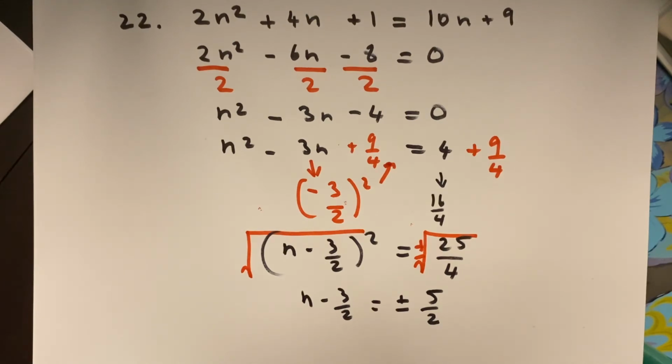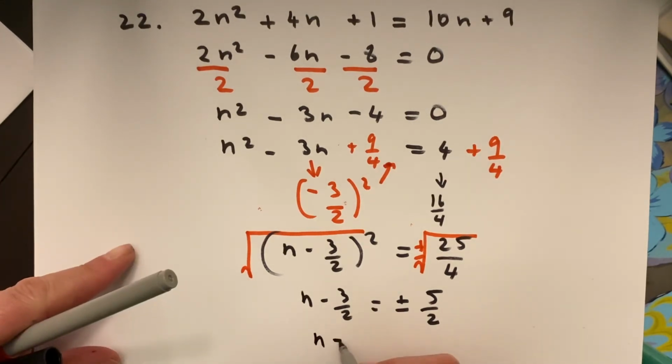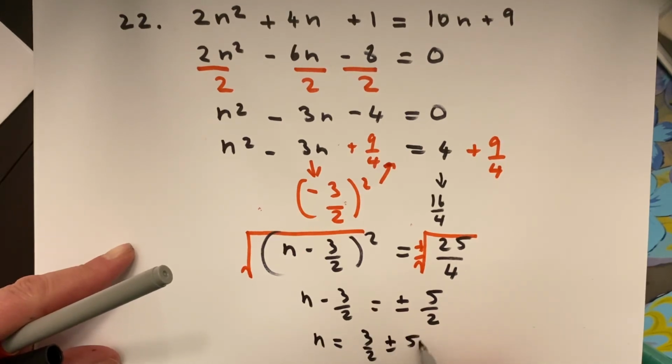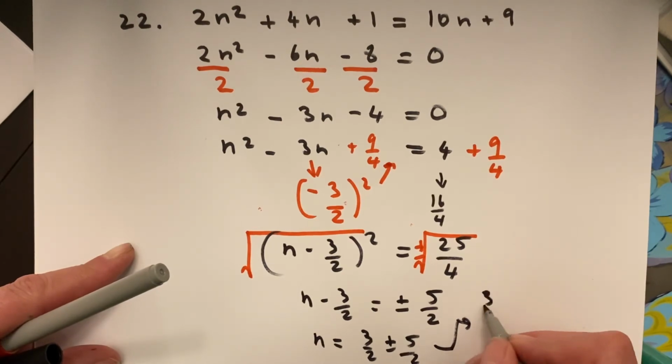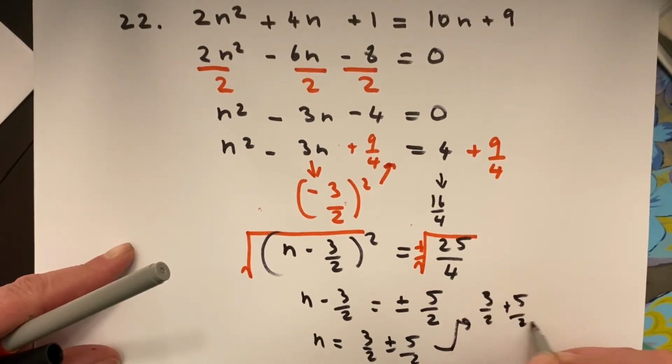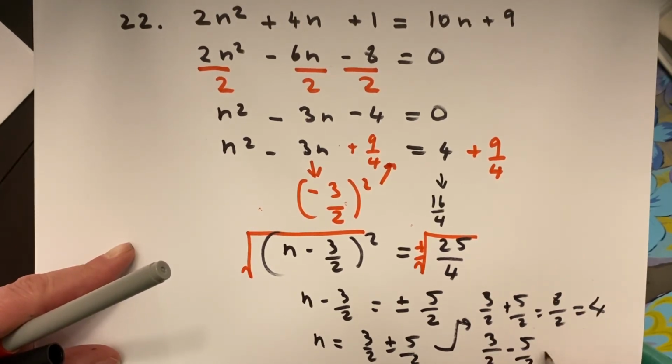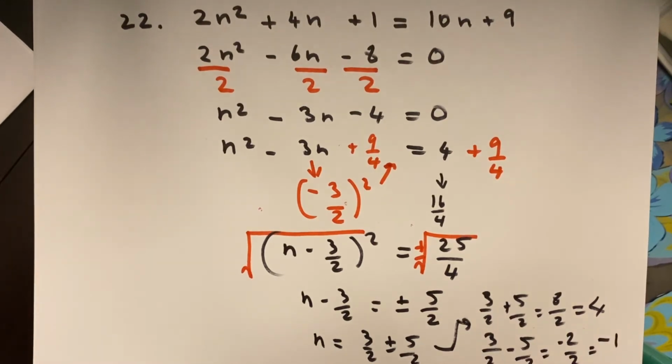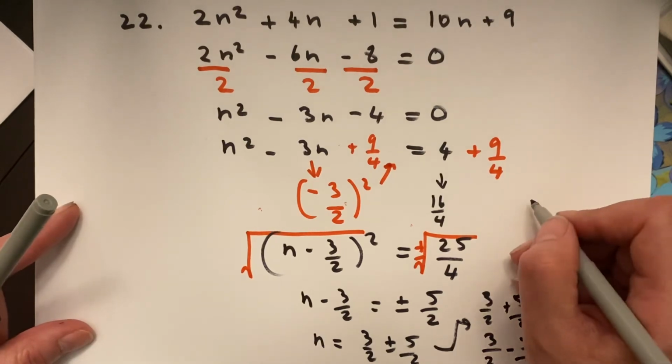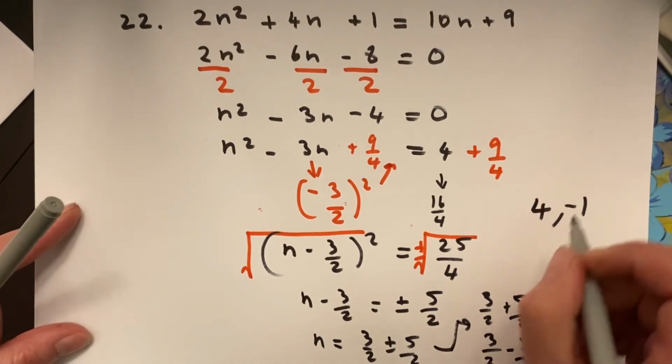And when I do that, I end up with n equals 3/2 plus or minus 5/2, or 3/2 plus 5/2, which is 8/2 or 4, and 3/2 minus 5/2, which is negative 2/2 or negative 1. So my two answers here are going to be 4 and negative 1.